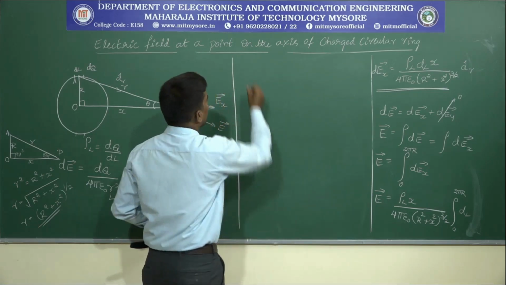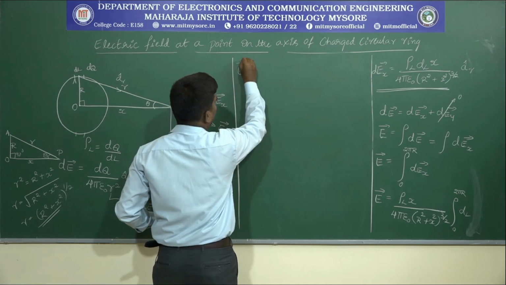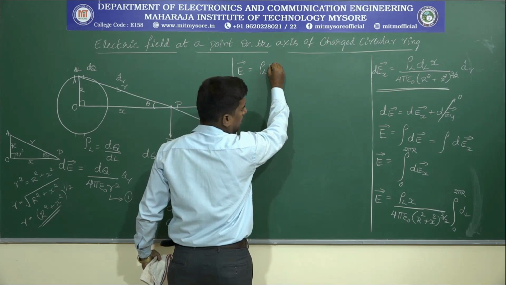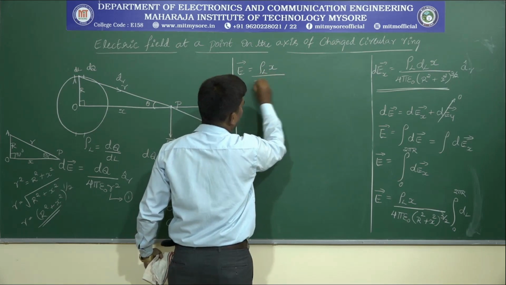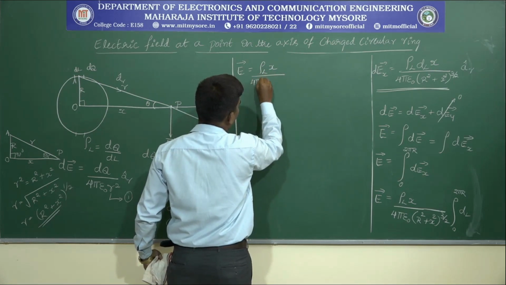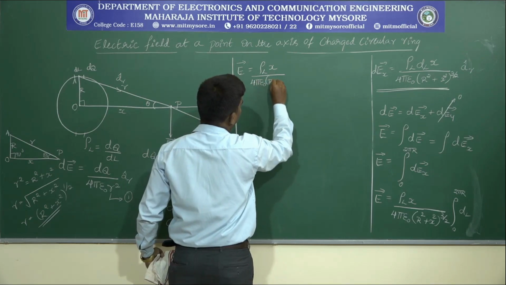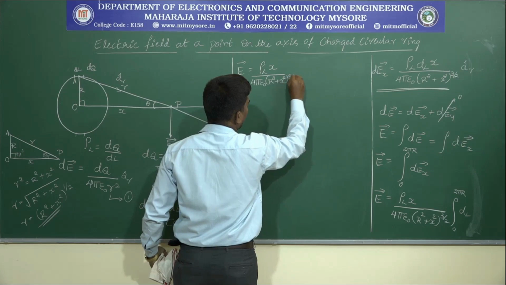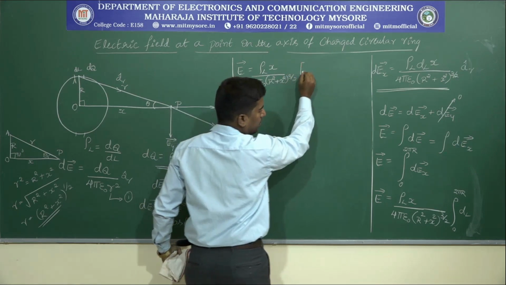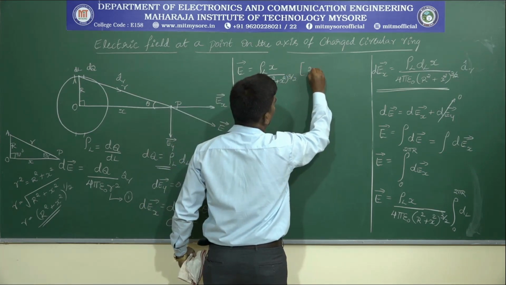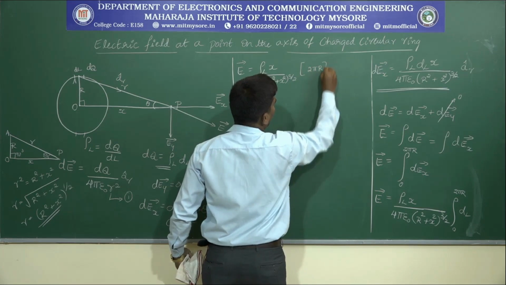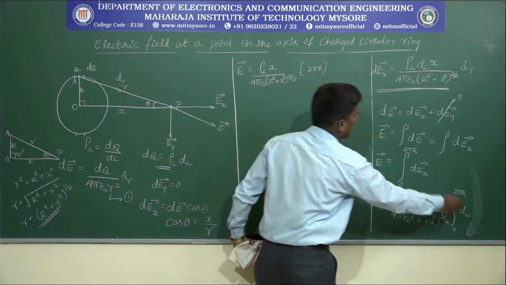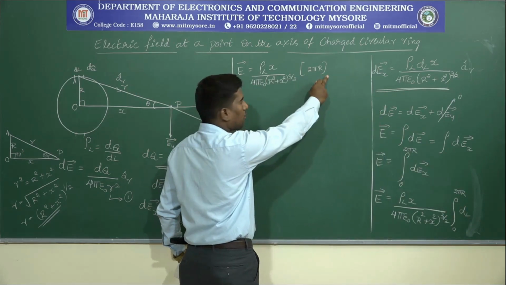Total electric field intensity E is equal to rho L into x divided by 4 pi epsilon naught (r square plus x square) whole power 3 by 2 into 2 pi r, because this is L. If we apply the limits 2 pi r minus 0, then we will get 2 pi r only.